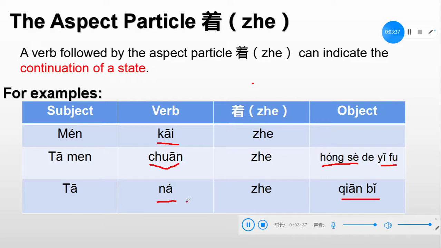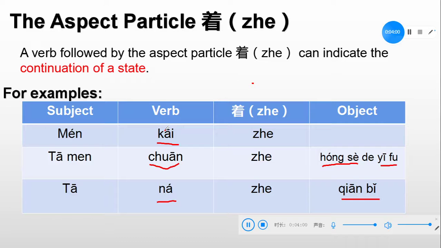So 他拿着铅笔, he holds pencil. Okay? So this is the aspect particle 着. And now this is the basic sentence form, right?